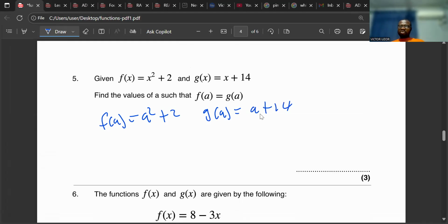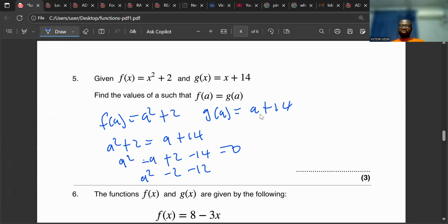If they say that they are equal, then A squared plus 2 is equals to A plus 14. Now, what does this remind you? Quadratic equation. When you bring them together, you have A squared minus A plus 2 minus 14 equals to 0. So it should give you A squared minus A minus 12 equals to 0.